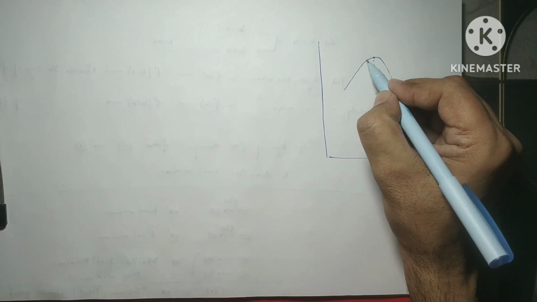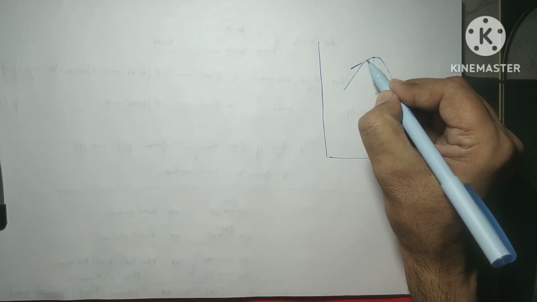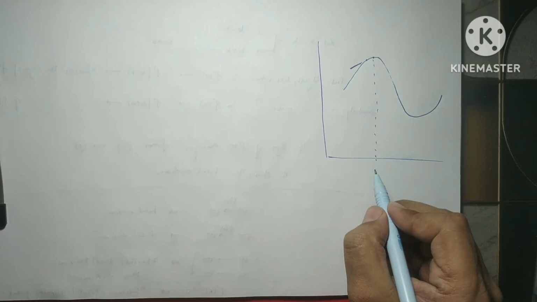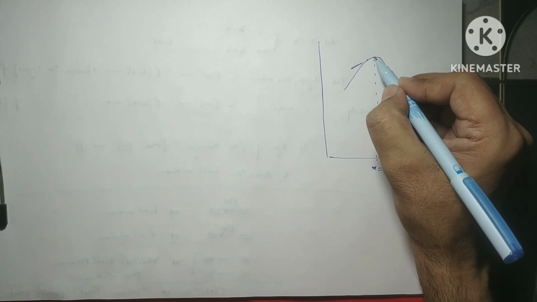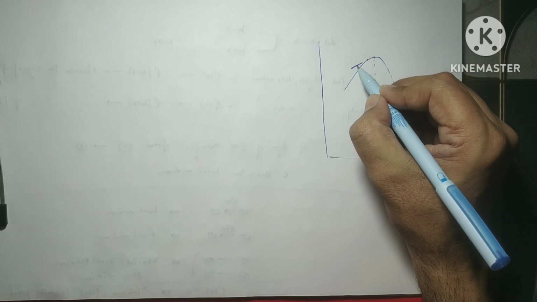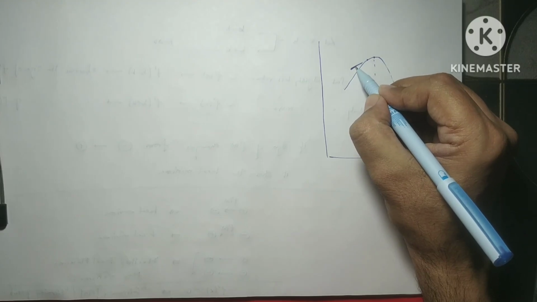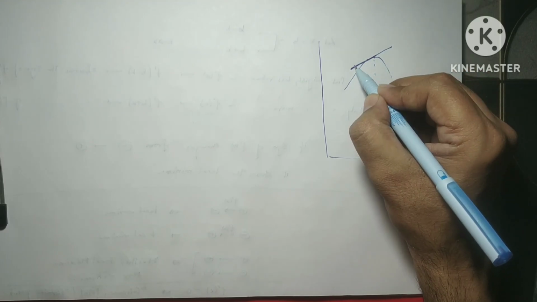If we draw a tangent on a slightly lesser value than x equals to a, this is the x equals to a point, so if it is a minus h, then if we draw a tangent, it is rising, increasing.